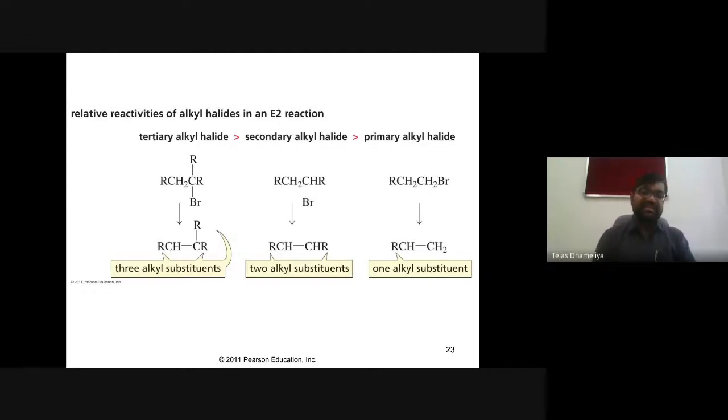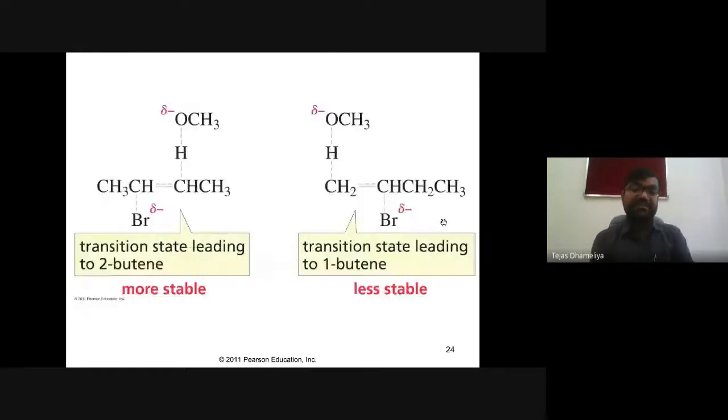So friends, this is what I wished to discuss with you regarding the elimination reaction where the Zaitsev rule applies. Now, why is a more substituted alkene more stable? There is a reason behind it.